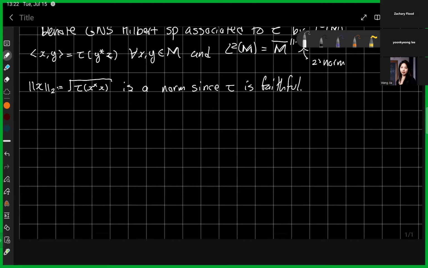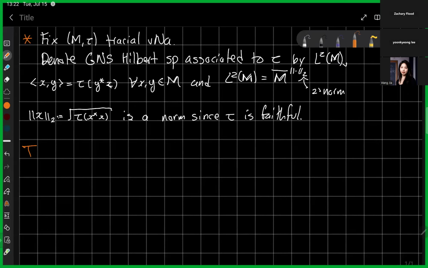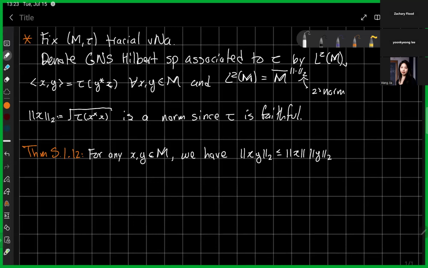Okay. So the following result was probably proven in the C-star lectures, but just for completeness, let's write it down. For any x and y, we have a bound on the 2-norm.